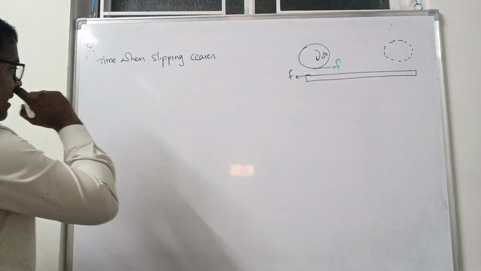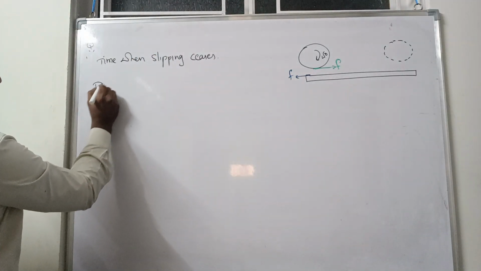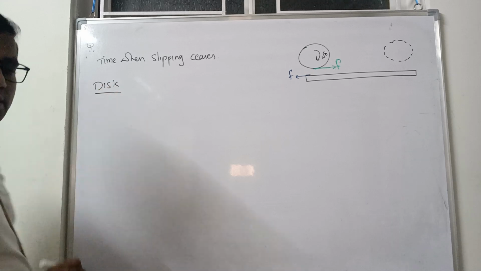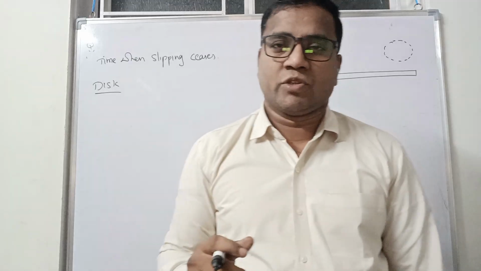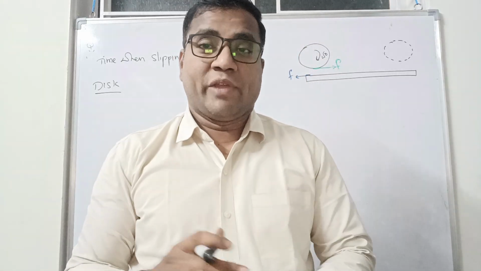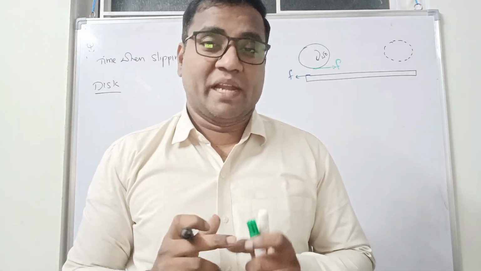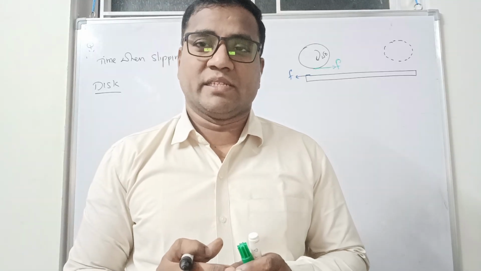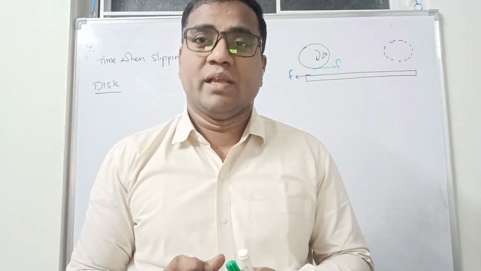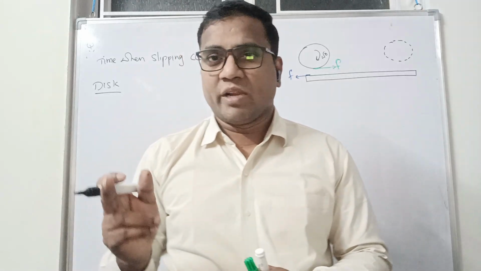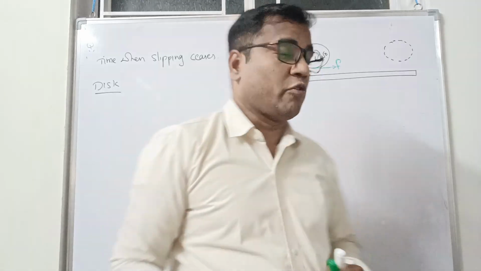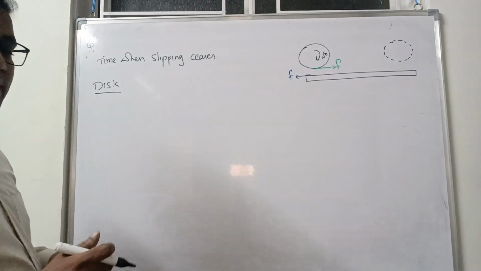Whenever we are doing questions based on rotational motion, we have to go simultaneously, meaning both translational and rotational. We have to get the equations for translational, and rotational also. Now for the disc I will write the translational.